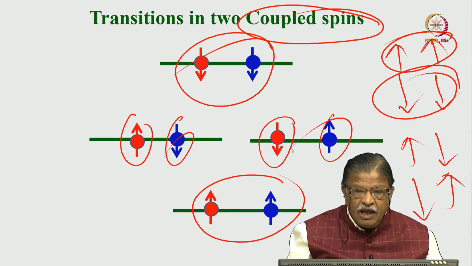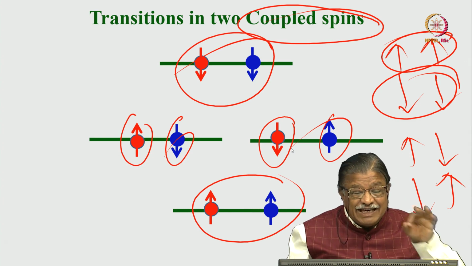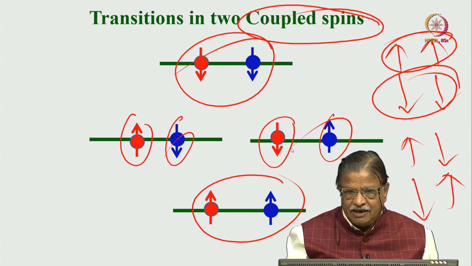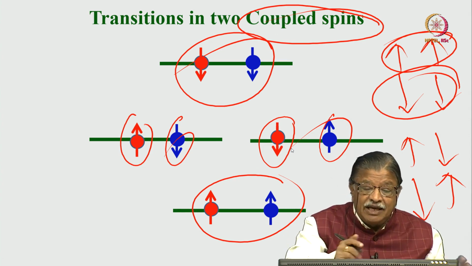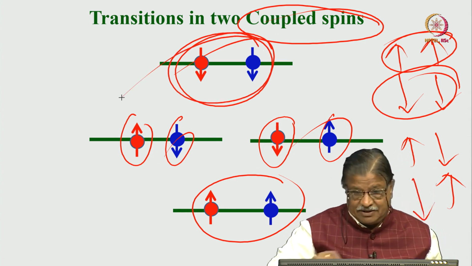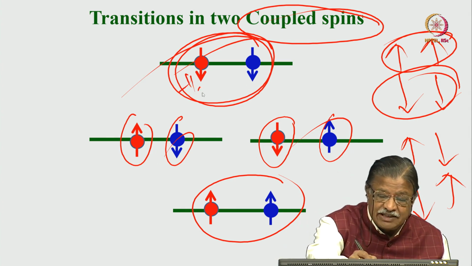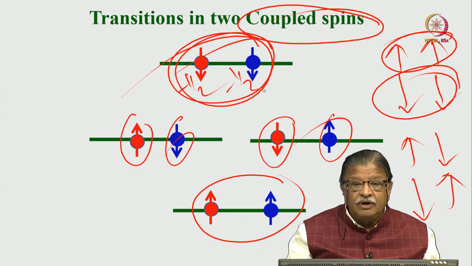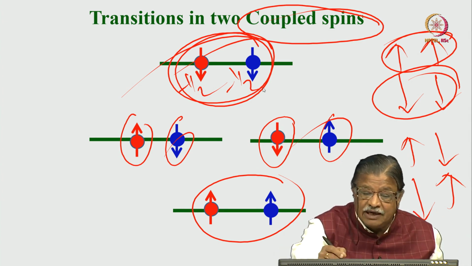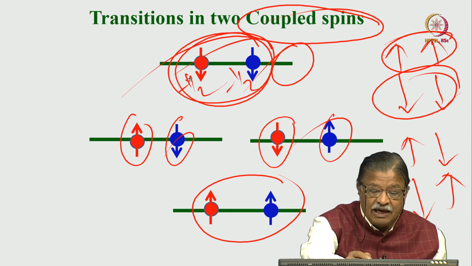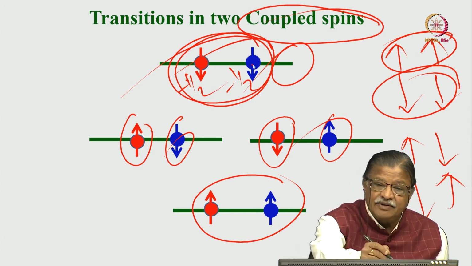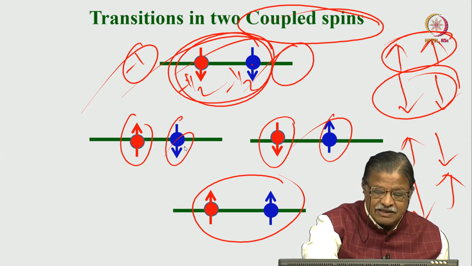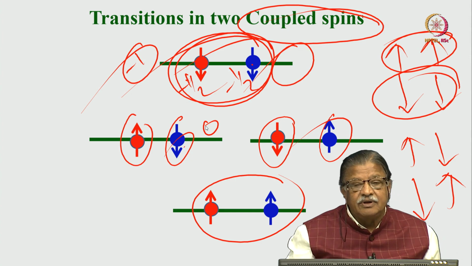That is what I have written here: both down, both up, this up and this down, and this down and this up. Now, what is the magnetic quantum number of each of these energy states? The magnetic quantum number is nothing but the sum of the individual magnetic quantum numbers. This is minus half for this spin, minus half for this spin, so the total magnetic quantum number for this energy state is minus half plus minus half, that is minus 1. Whereas, for this energy state plus half and minus half, it is 0.